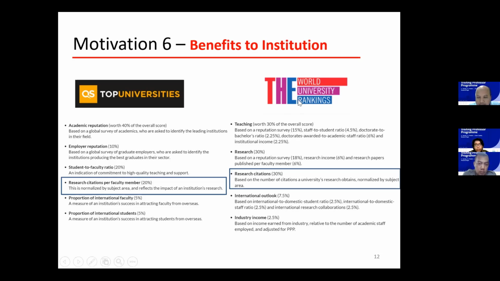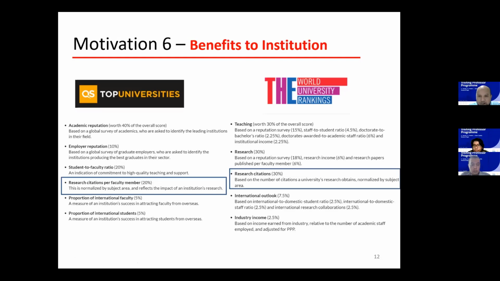The same for Times Higher Education, but here the weightage is more, 30%, based on the number of citations the university research obtained, normalized by subject area. So basically all of these ranking organizations look at the citation per faculty member. That's why this is very important.